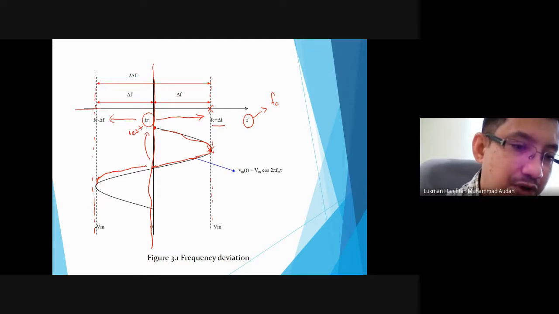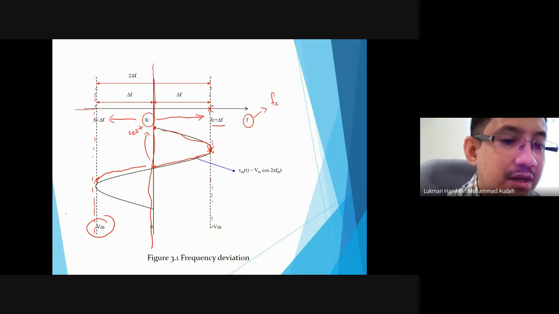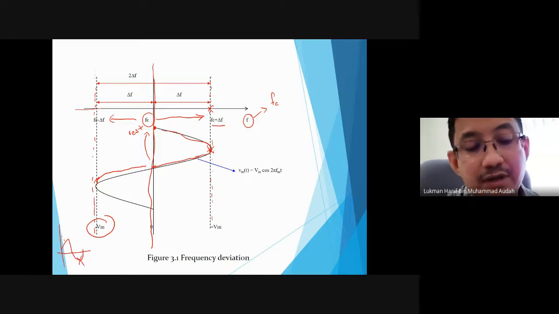So you see that when VMT moves to the negative, maknanya dia bergerak ke arah ni, kalau saya lukis paksi macam ni lah, so dia berada negative maximum.